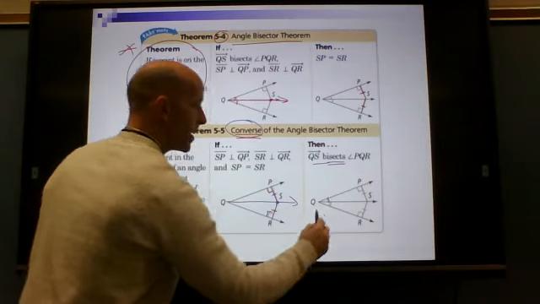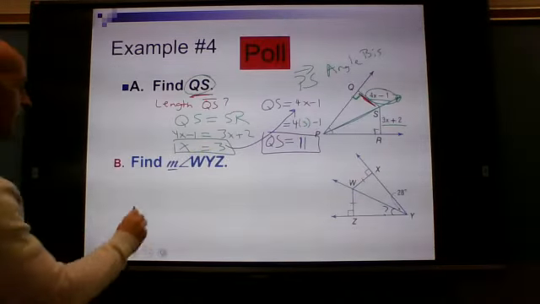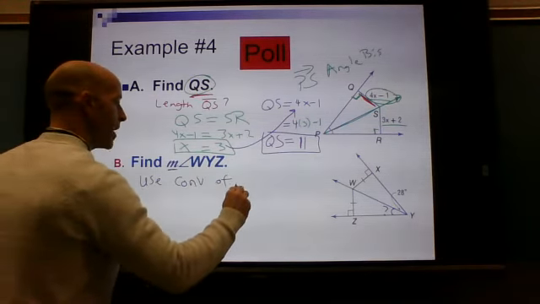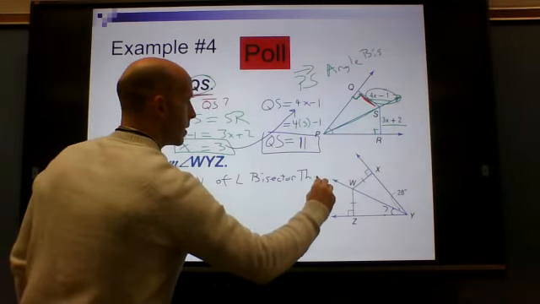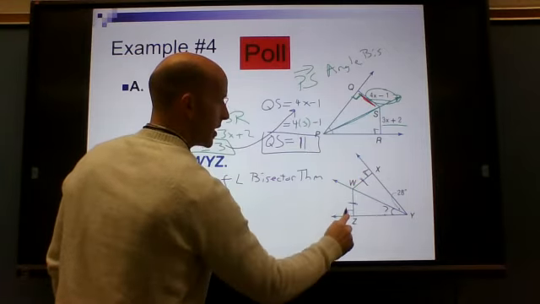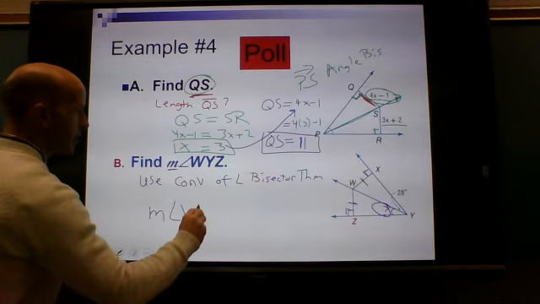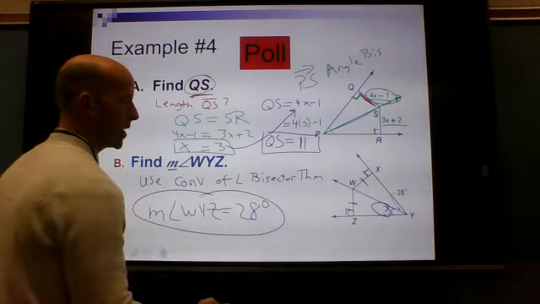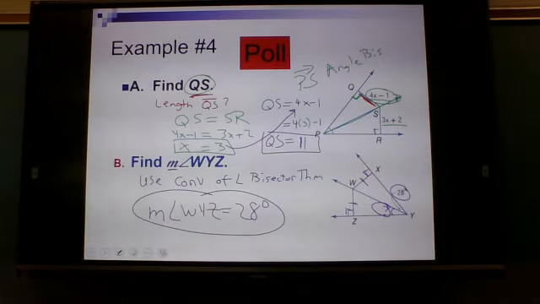In other words, this angle has to be congruent to that angle. So we're going to use the converse of the angle bisector theorem. Since this is congruent to this and this is perpendicular to this, it's pretty clear: the measure of angle WYZ has to be 28 degrees. The reason it has to be 28 degrees is because this angle was also 28 degrees.